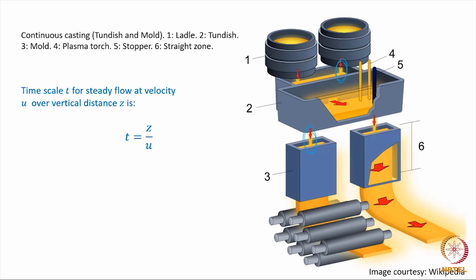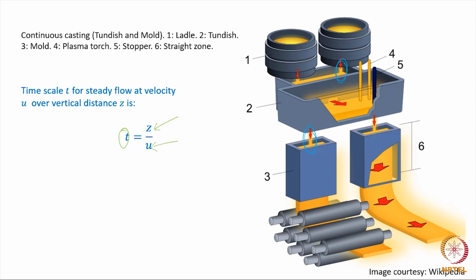Whenever that is happening and the liquid is flowing at a constant velocity, you could see that the distance over which it has to flow divided by the constant velocity is giving you a scale of time over which this interaction is happening between the liquid that is flowing and the gas that is surrounding.